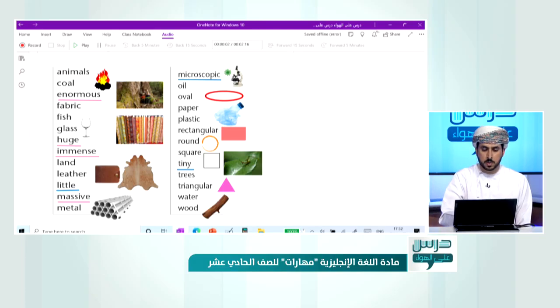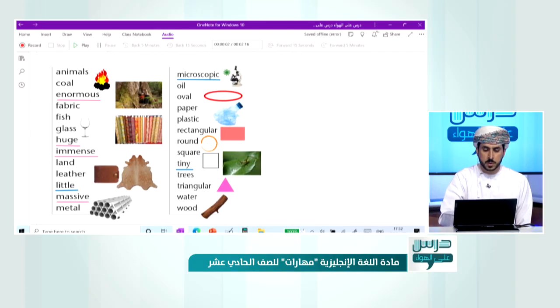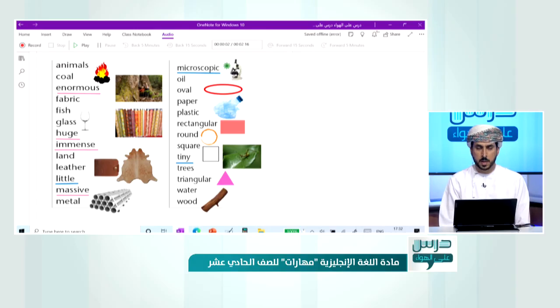So let's start with the first one, animals. I believe that animals is one of the common words that you know the meaning of because you've come across this word frequently.